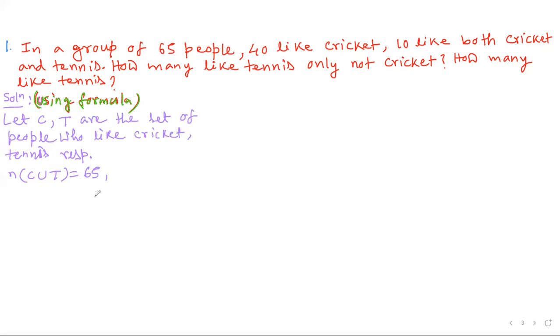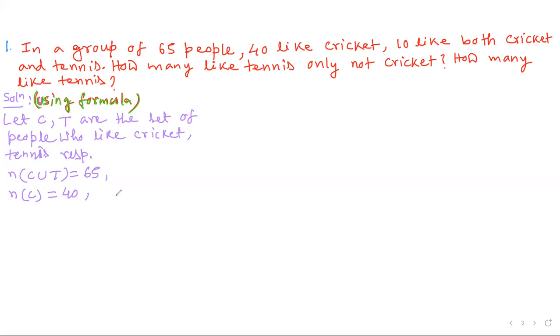Now second condition, 40 like cricket. So you can write cardinal number of C for cricket. We have taken C as the set for cricket. So cardinal number of C is equal to 40. And next condition, 10 like both cricket and tennis.